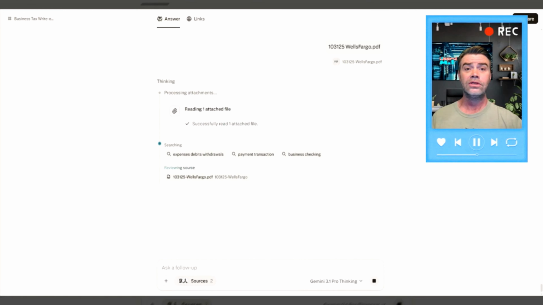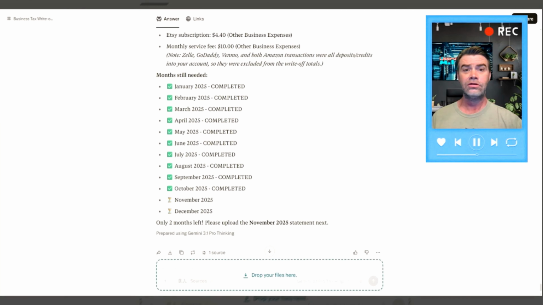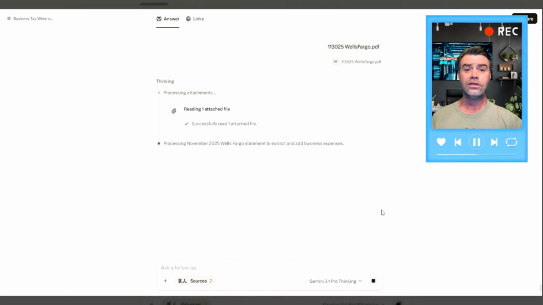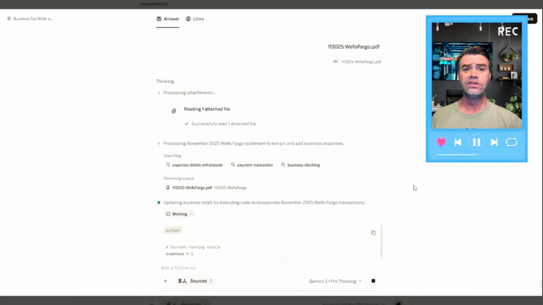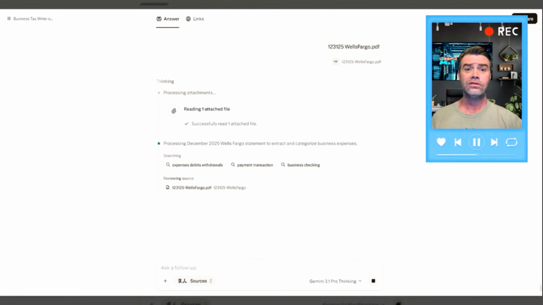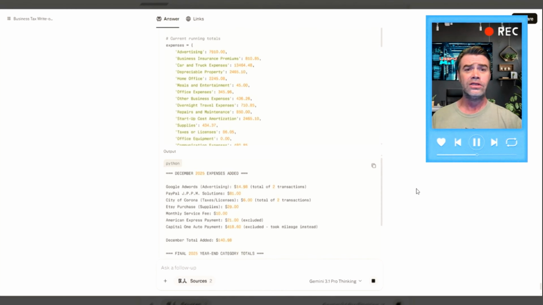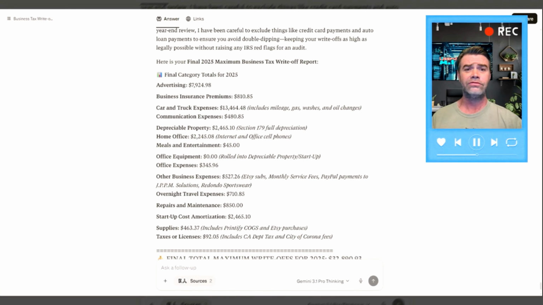I took that report and popped it into my Perplexity space to find all the write-offs in all those emails and categorize them accordingly. And it was that simple. The whole process took me about maybe 7 minutes total. Now, it did take me maybe 5 minutes longer than that to develop the prompt, but it's a lot better and a lot less of a headache than going through all of those receipts, trying to figure out what or how they can be written off, if they can.